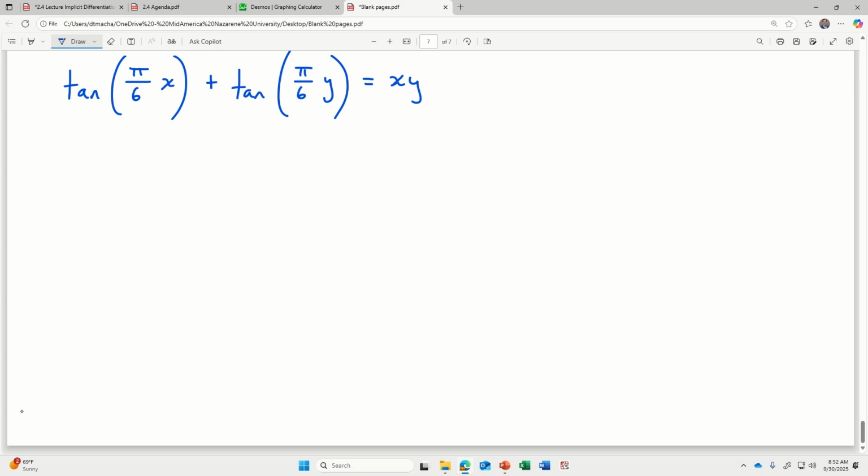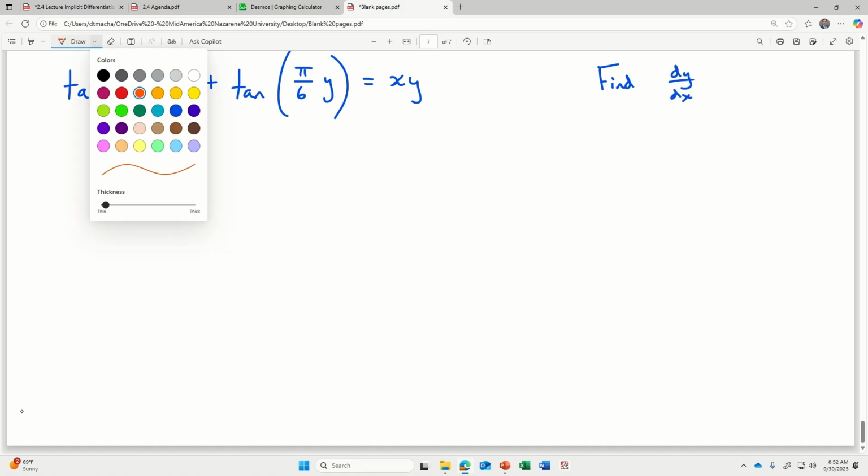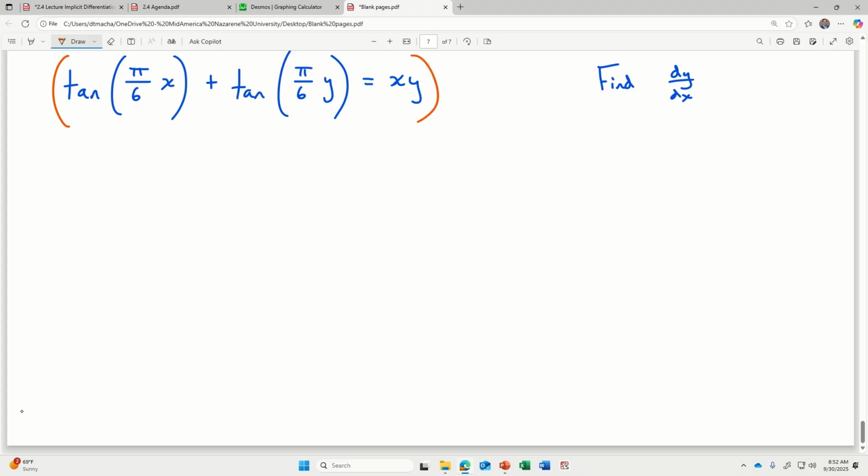And let's start by finding dy dx. And we're going to do so by taking the whole equation and taking the derivative with respect to x. So what's the derivative of tangent? Secant squared. The derivative of tangent is secant squared, and the chain rule says we have to multiply by pi over 6.